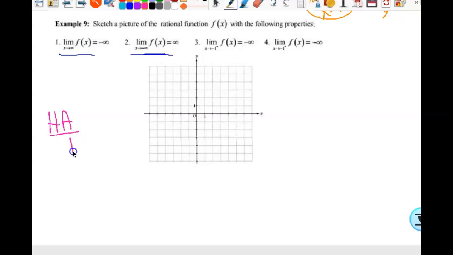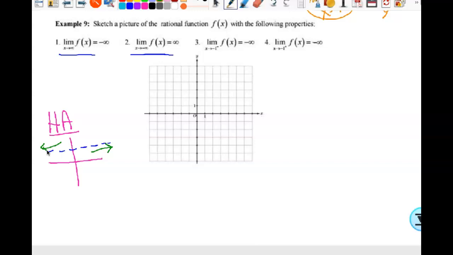If I have, so let's just say that I have a horizontal asymptote right here, okay? And this deals with end behavior. So I don't even care what's happening in the middle, okay? Because I have a horizontal asymptote going to infinity, it's going to look something like that maybe, and negative infinity looks something like that. I don't even care what's happening in the middle and where my asymptotes and holes are.